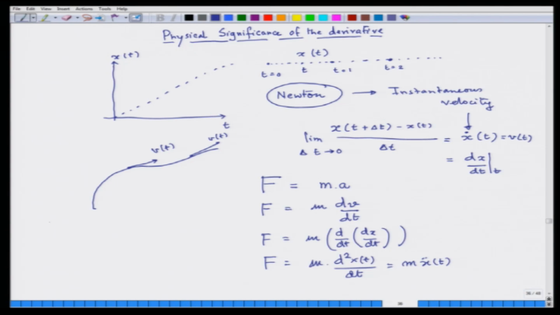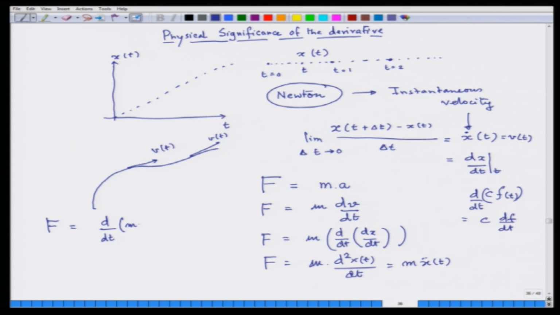Just for curiosity, you can write this whole thing as d by dt of, because if you multiply a function f by a constant c and then take its derivative with respect to t or x, the constant comes out. So here you can pull in this mass, the constant.